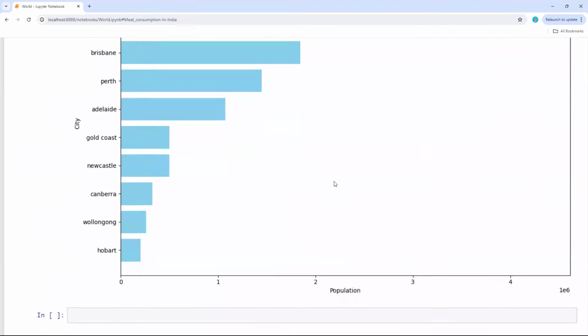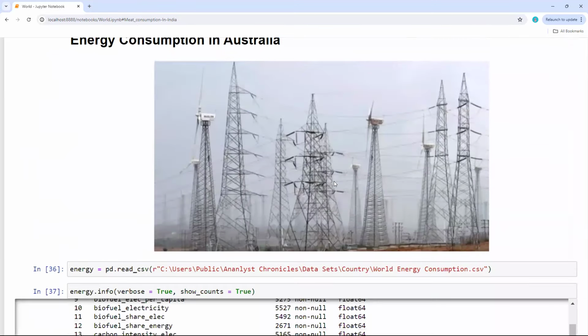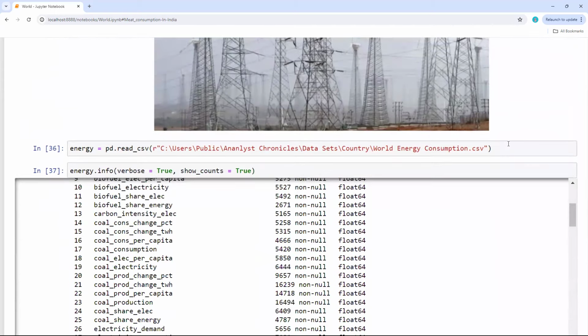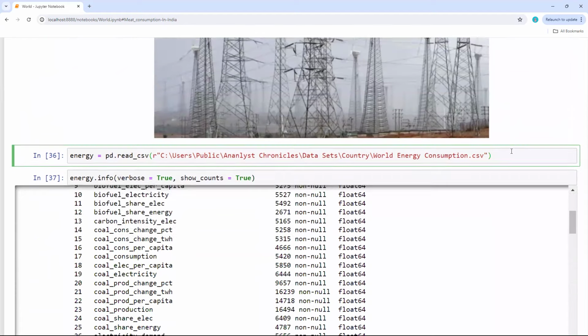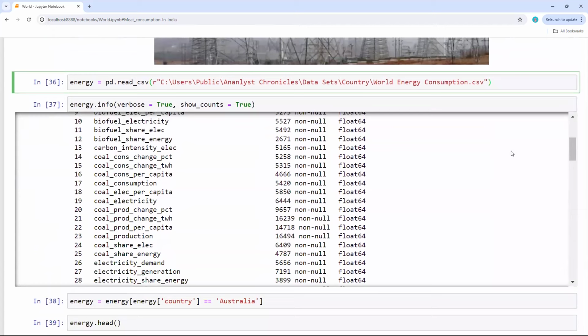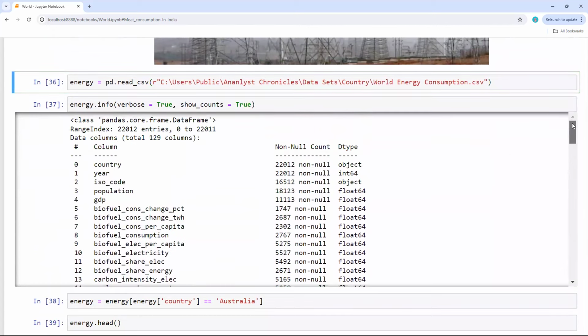And also, if I wanted to look at the energy consumption in Australia, this is my data set for energy consumption worldwide, and I'm just taking the Australian data for energy consumption.